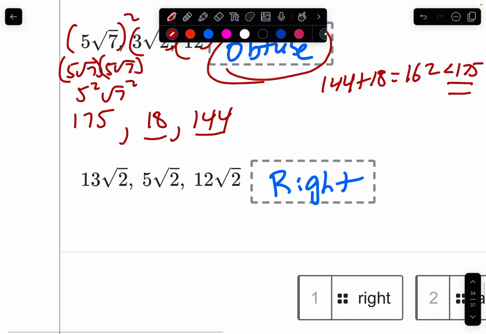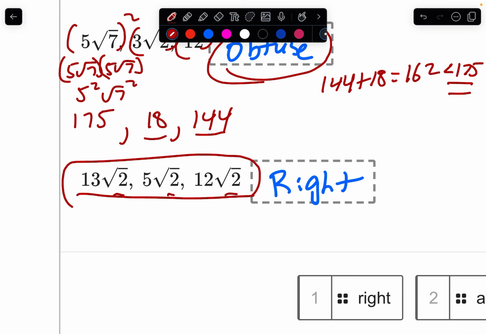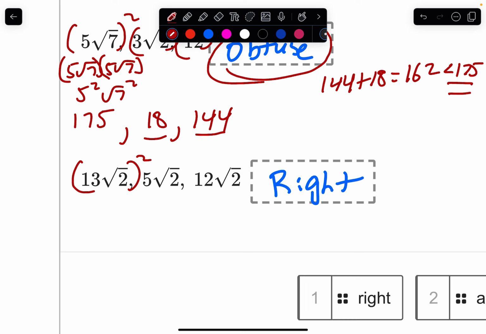And then we have some fun numbers here. If you divide everything by root 2, that's a 5, 12, 13. But just for giggles, just to work it out, 13 times 2, 169 times 2 would be 338. 5 root 2 squared would be 25 times 2, which is 50.